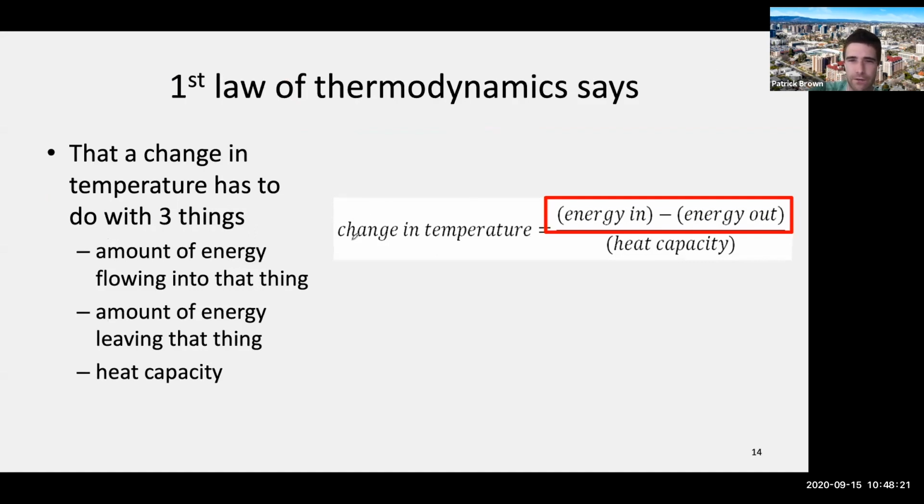It says that a change in temperature of essentially anything is related to the energy flowing into that thing minus the energy flowing out of that thing, divided by the heat capacity.